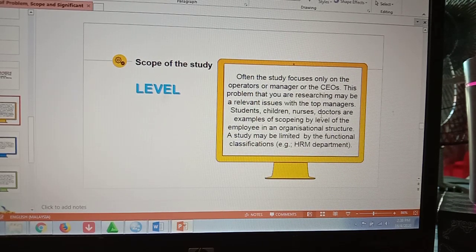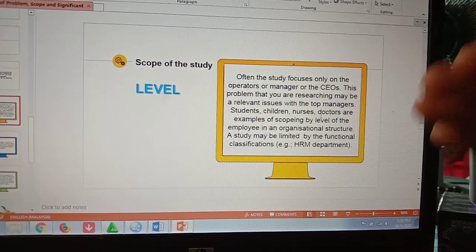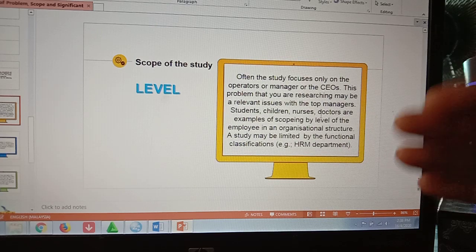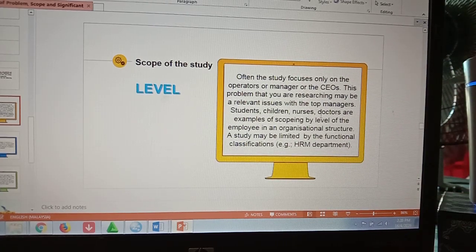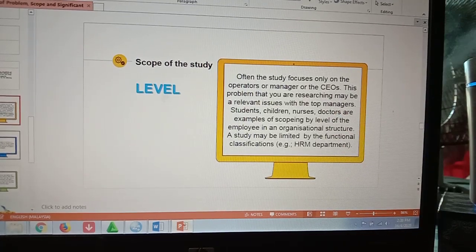For example, the scope of study will be conducted among BCA students, and the level is only final year students. Or the scope of study will cover UiTM students, and only undergrad students will be involved. It means we divide the level. We focus on undergrad, and postgrad is not involved. That is the meaning of level. In an organisation, for example, the study only focuses on managers and CEOs, meaning you do not want to study lower line managers. That is the meaning of level. In the scope of study statement, you must have a level.